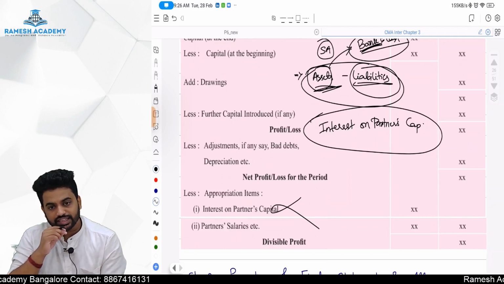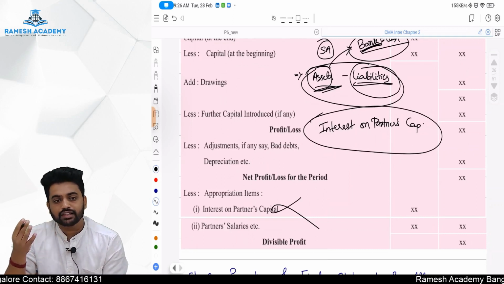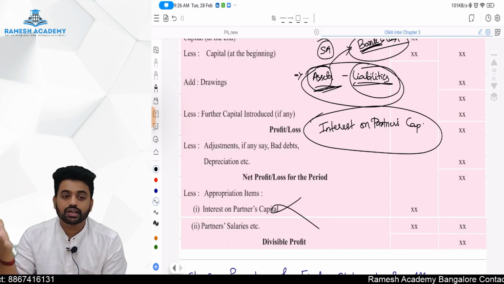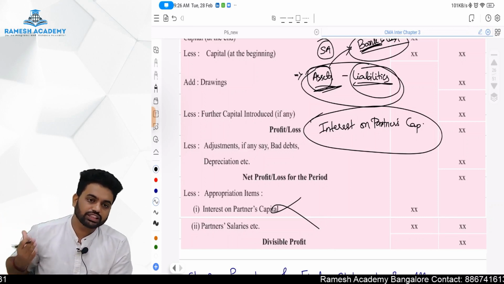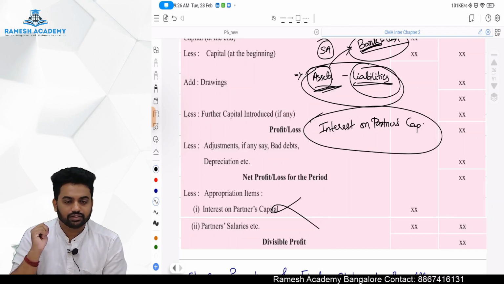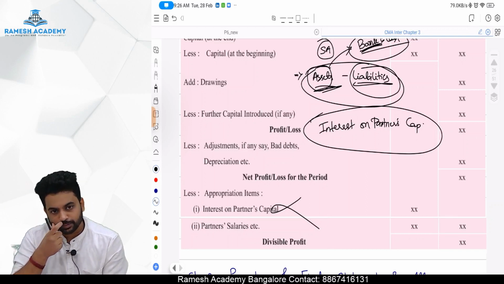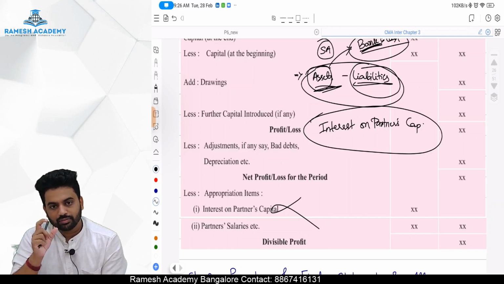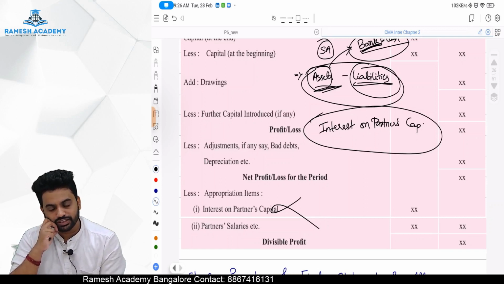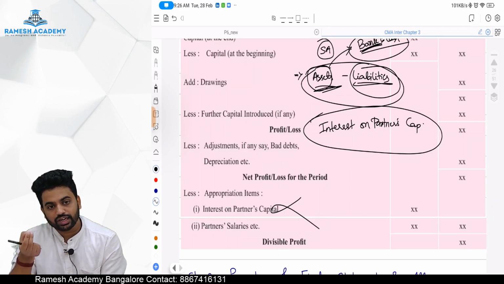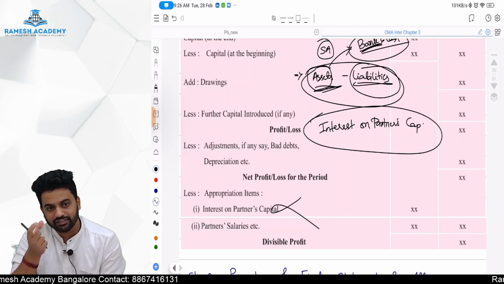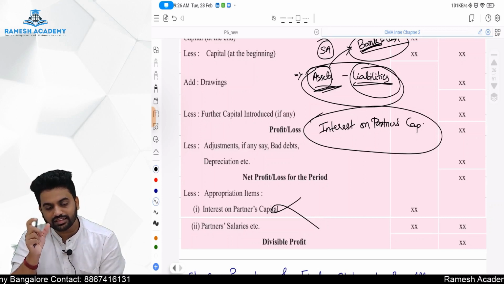So there is no need to adjust it again, because it is already an adjusted item. But only if they say the business should pay the partners interest of so much which is not yet paid, then of course it will come here. Bad debt is a non-cash expenditure. But you have to look at the balance sheet, whether your debtors are there in the balance sheet.